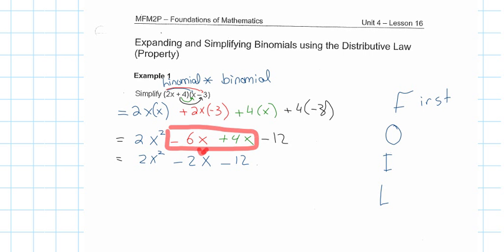The O represents the outer. So it's my outer two terms. You see how these are the outer two terms right here? Right? So they're from the outside of both brackets. So O represents outer, so it's whatever is in red. Then I represents the inner two terms, so that's the inside.